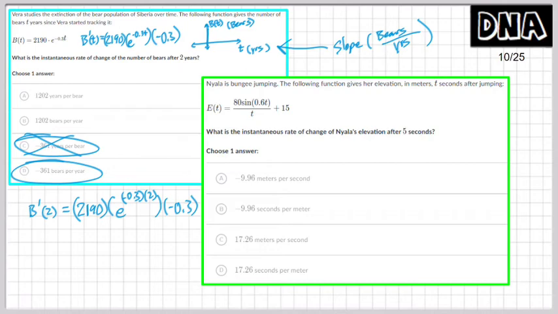The only way I can do this without using a calculator is knowing what the graph of e to the negative 0.3t looks like. So here's a quick reminder, guys. If I had just e to the x, my graph would look like this. But if I throw a negative onto that x, so negative 0.3 times x on the e, that would flip the function.